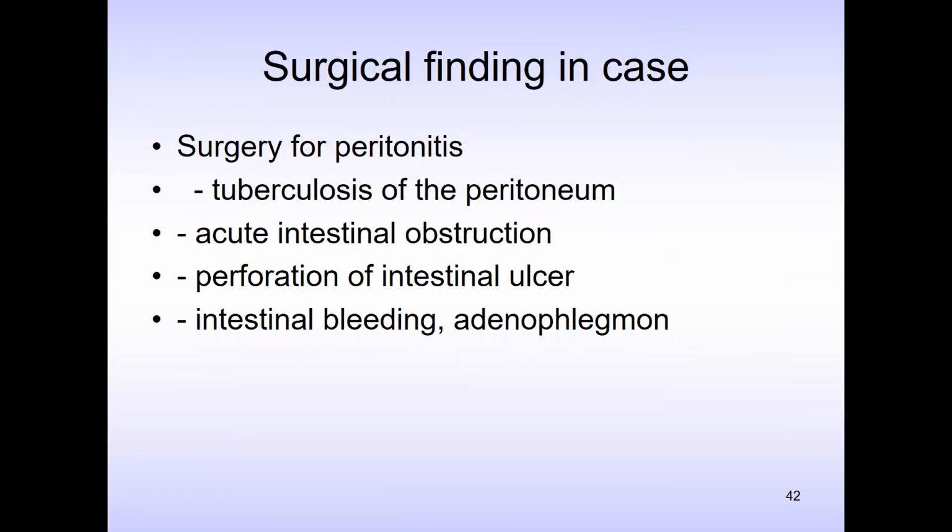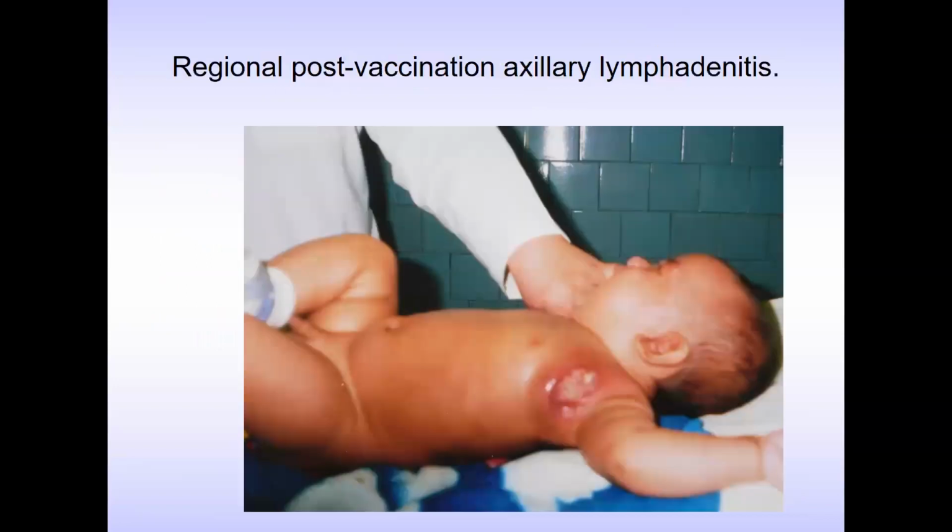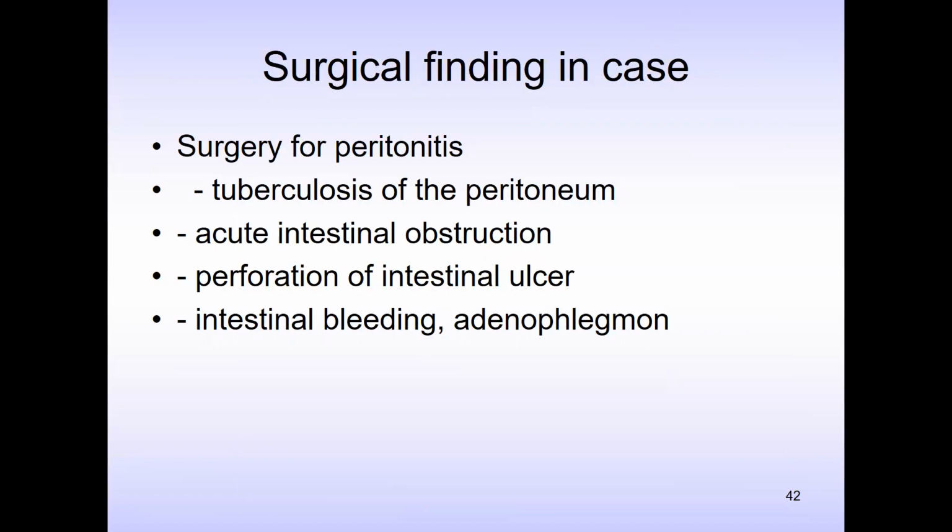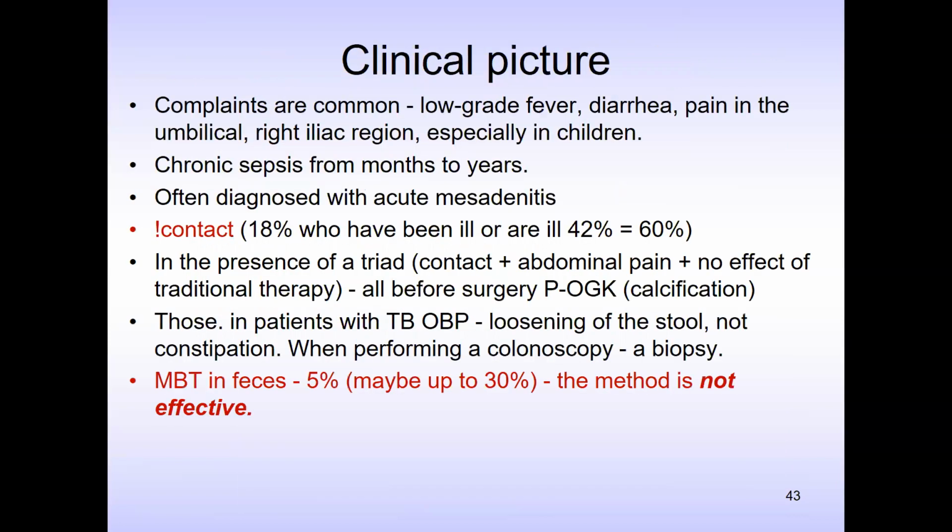Surgical findings in cases of tuberculosis of the peritoneum: acute intestinal obstruction, perforation, and bleeding. Clinical picture is low-grade fever, diarrhea, pain in the umbilical and right iliac region, specifically in children.